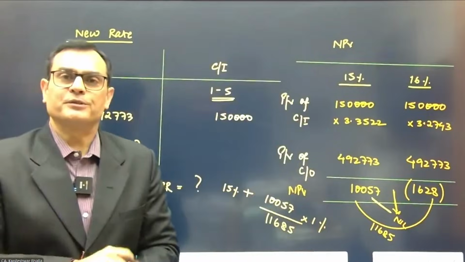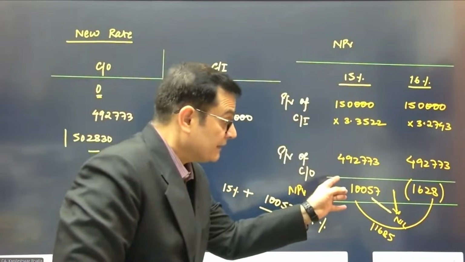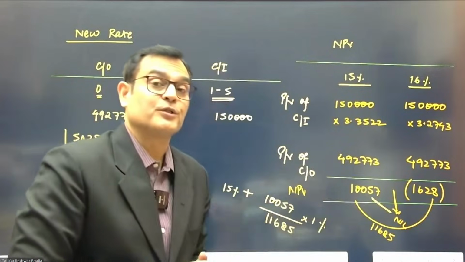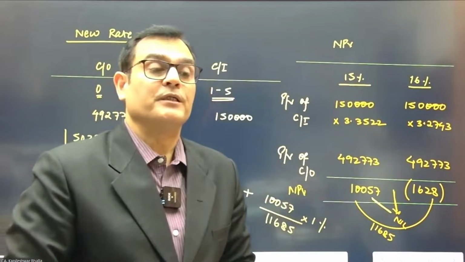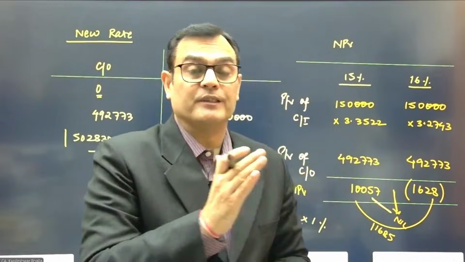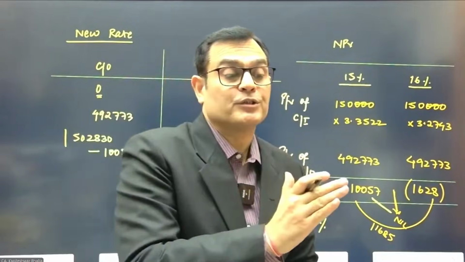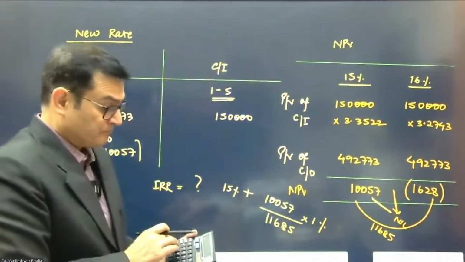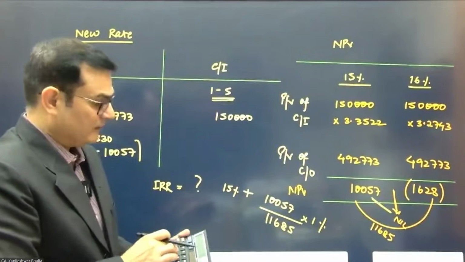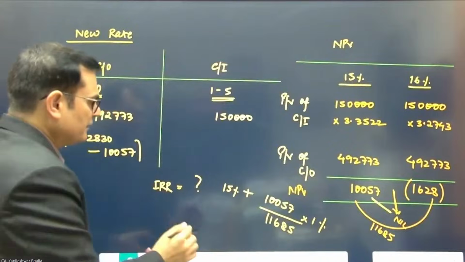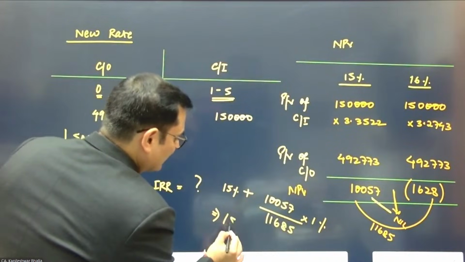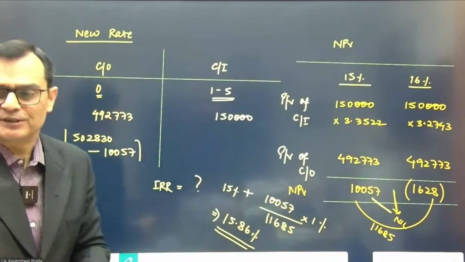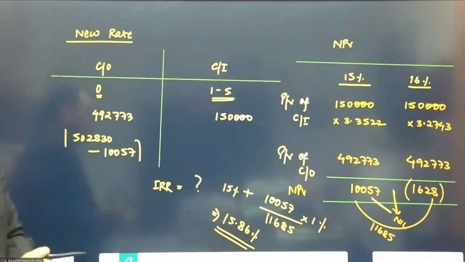Apply a unitary method to this. 11,685 is for 1%. So 10057 is for what part of the percentage? And you get the results. So 10057 by 11,685 is coming to 15.86%. Wow.